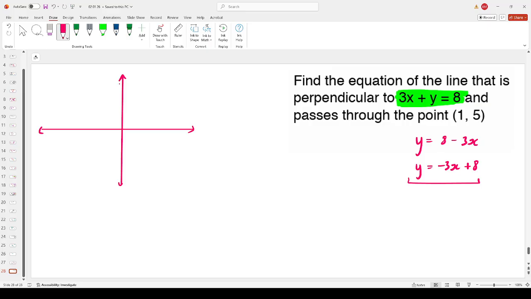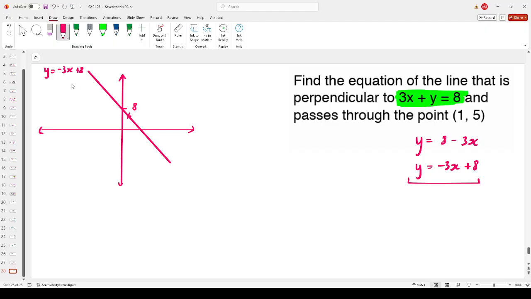So our line is basically going this way. Yeah, that is going to be 8. And that line is y equals negative 3x plus 8. So it says it passes through (1, 5). So where's (1, 5)? Probably there.